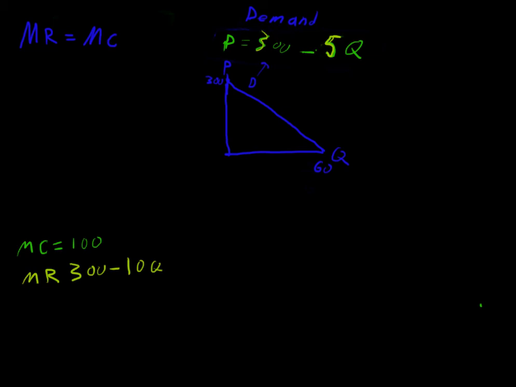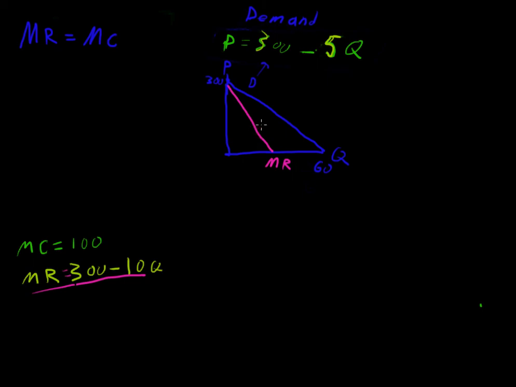All right, now besides the demand curve, we also want to look at our marginal revenue curve. Since we're a monopolist, we don't have to simply follow the demand curve. We can do what we want since we own the market. So this is marginal revenue, and it's represented by this equation: MR is equal to 300 minus 10Q.